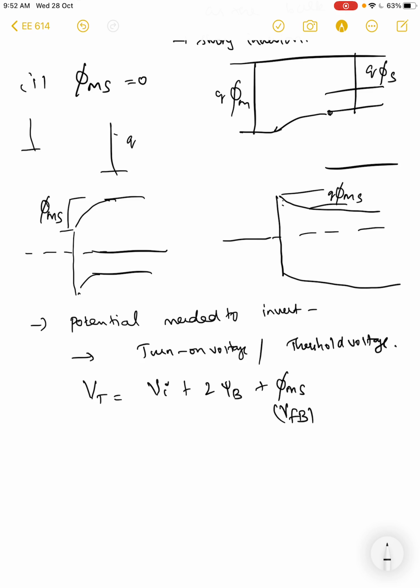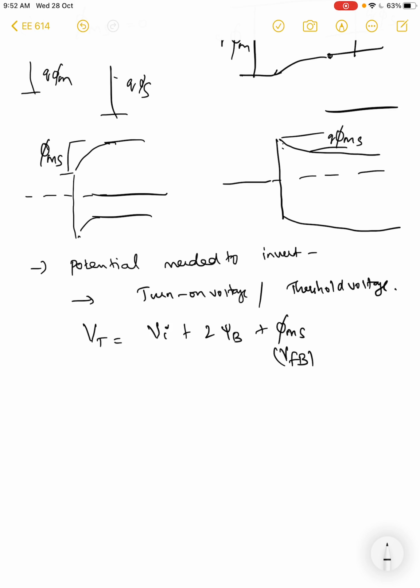This is q psi s, this is q psi m. So psi ms will be a negative value, right? So you need to apply a negative potential to make it flat, and hence the actual accumulation will happen at a negative potential and not at 0, right?